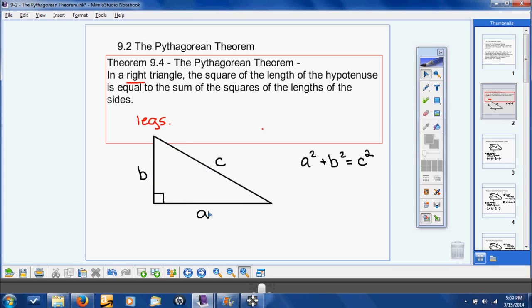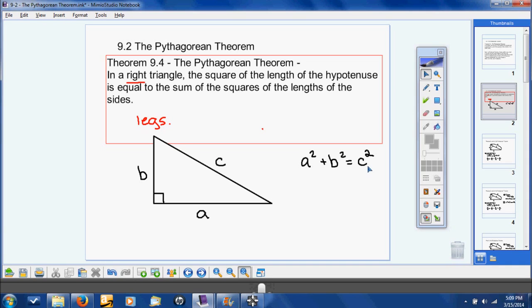Here A and B are the legs, and C is the hypotenuse. That's old news. But what this is saying, the square of the length of the hypotenuse, that's C squared, is equal to the sum, add A squared and B squared. In other words, A squared plus B squared equals C squared. It's a pretty simple thing.